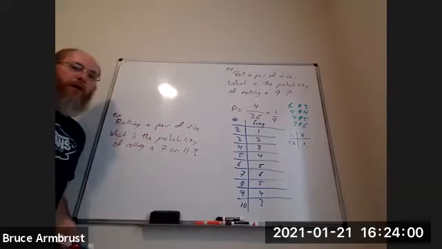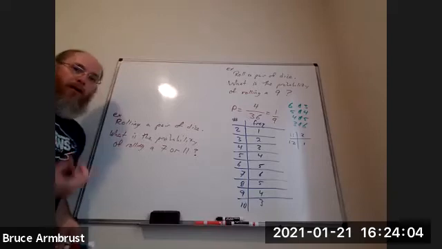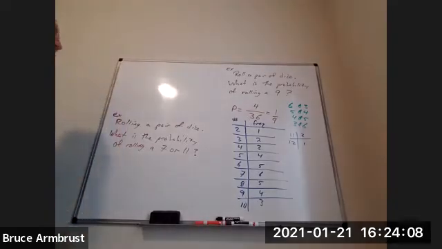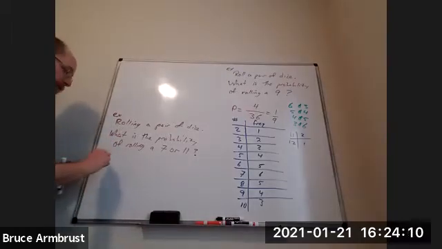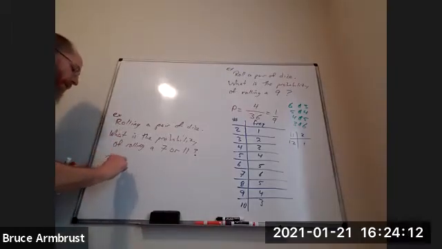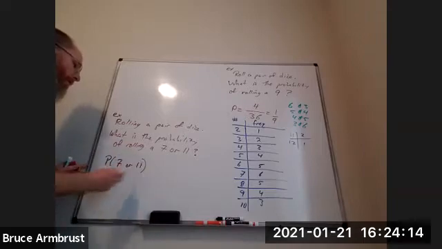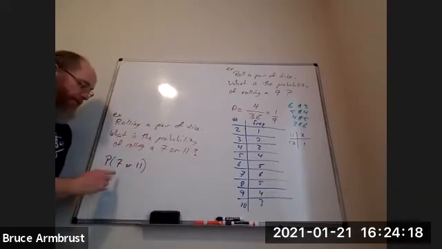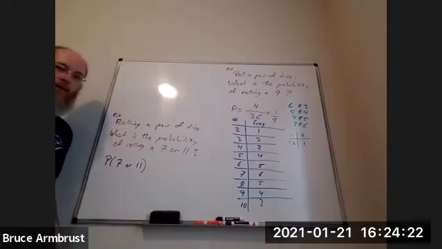Okay, so what's the probability of getting either a 7 or an 11? So if we were going to write this in the notation that we use for probabilities, we'd write it like this. Remember, the big P tells us we're finding a probability. So it's the probability of a 7 or an 11.